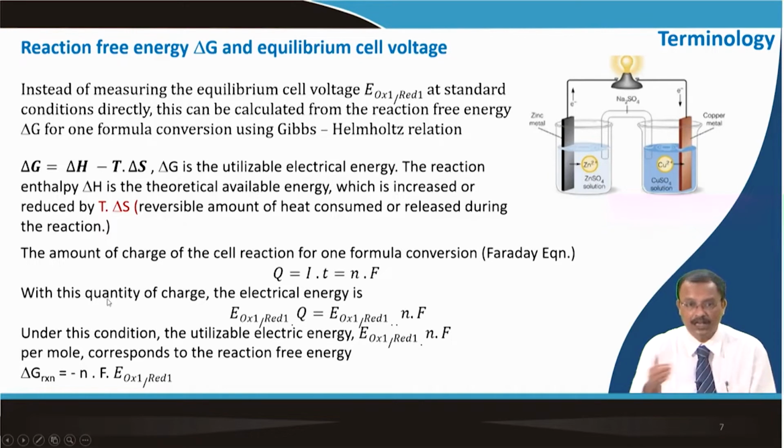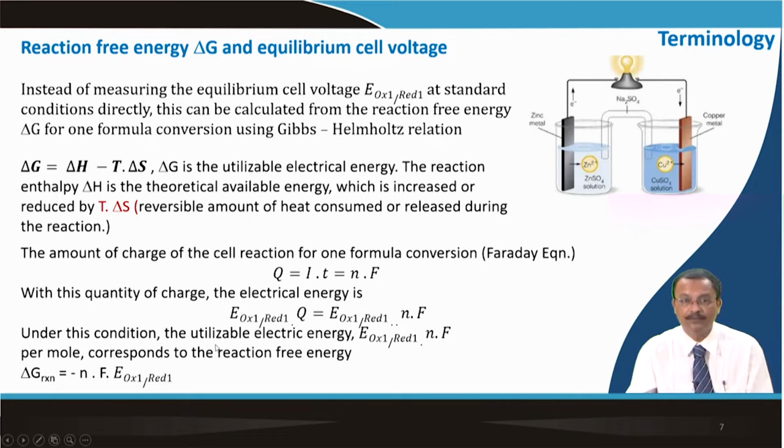The amount of charge of the cell reaction for one formula unit conversion is given by the Faraday equation. This charge is the product of current and time, which is eventually the number of electrons per mole times the Faraday constant. With this quantity of charge, I can estimate the electric energy by multiplying the oxidation-reduction voltage E by the charge. That gives you the energy.